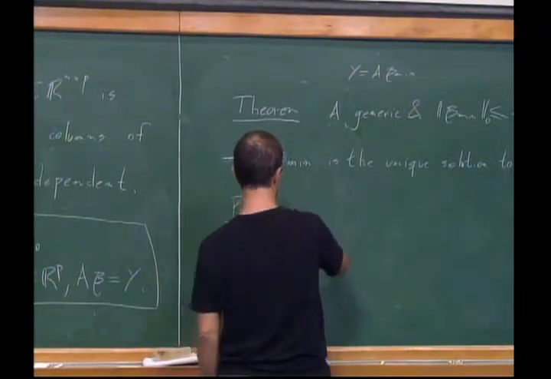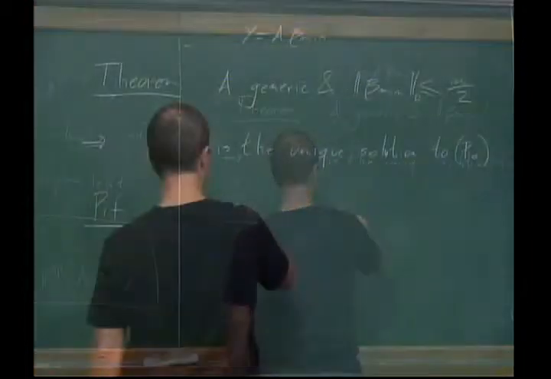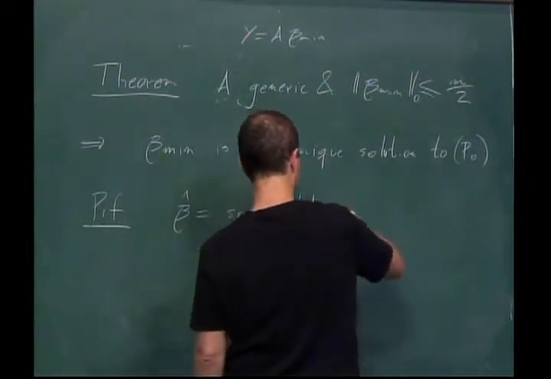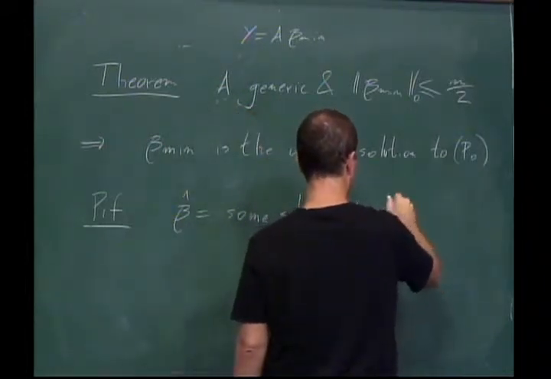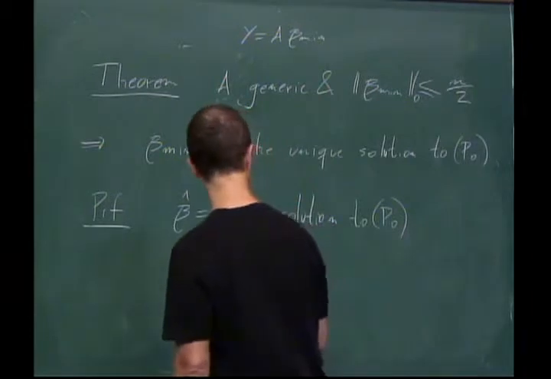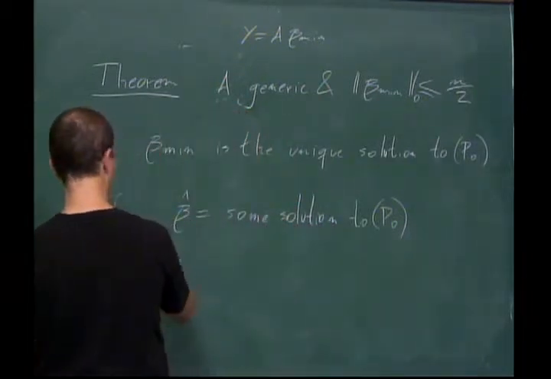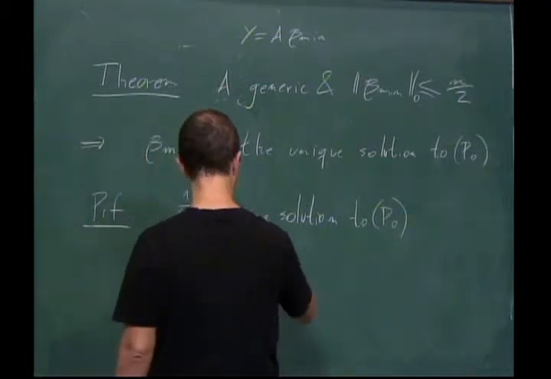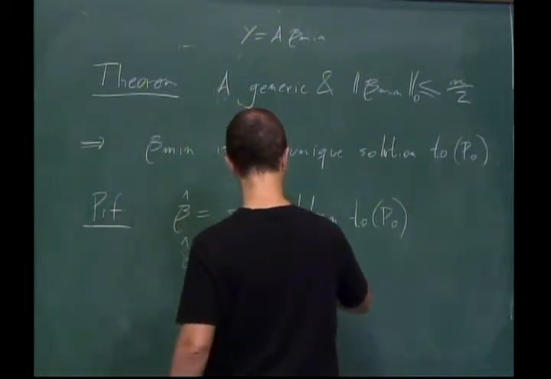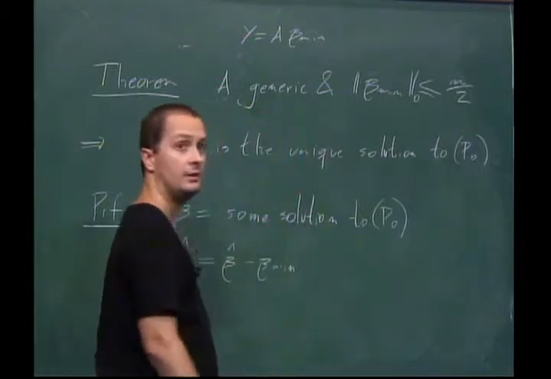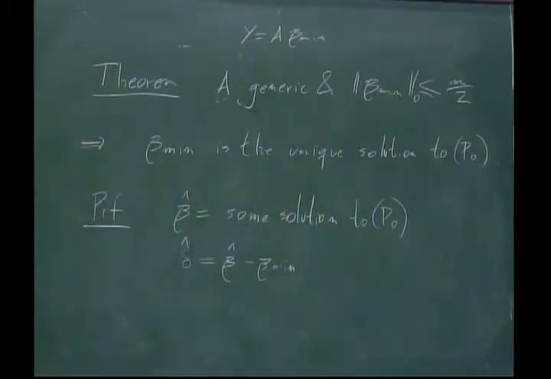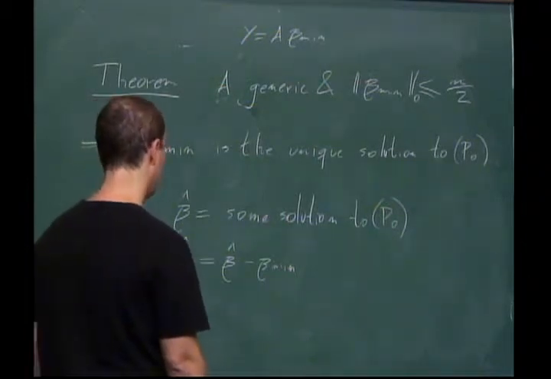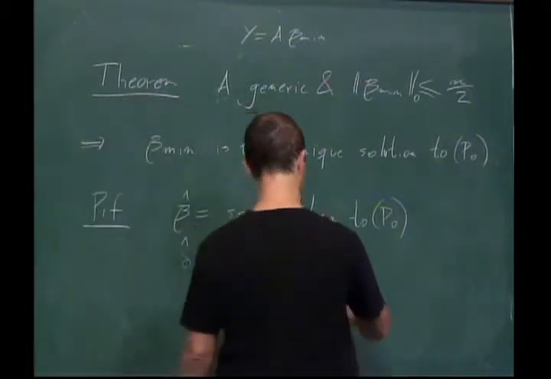So you take beta hat, some solution to P0. And I'm going to define delta hat as the difference between beta hat and beta min.